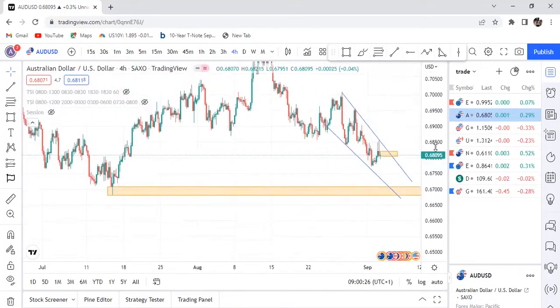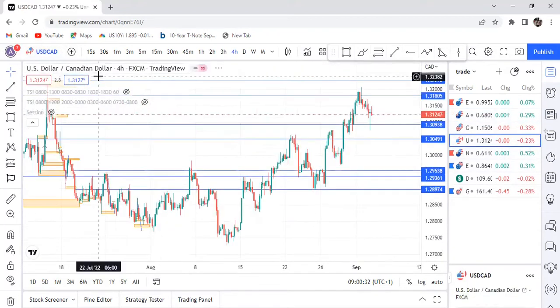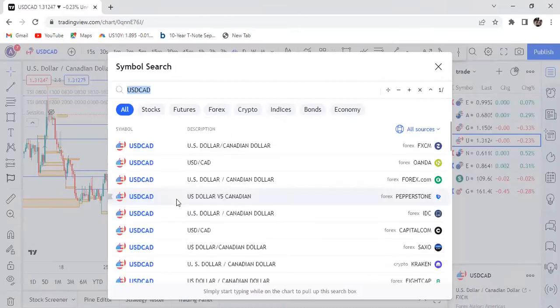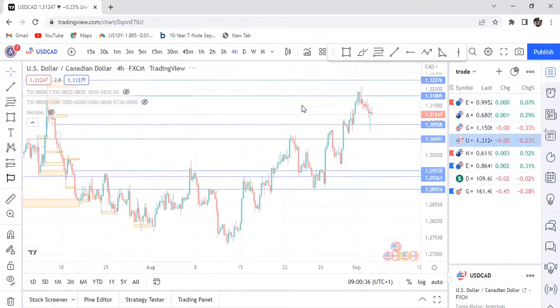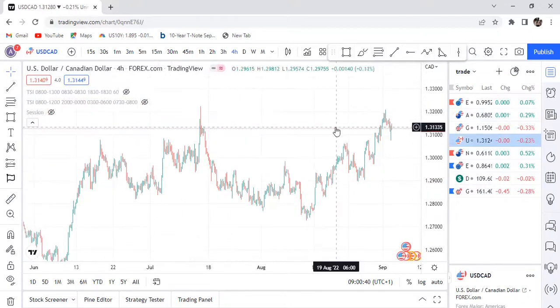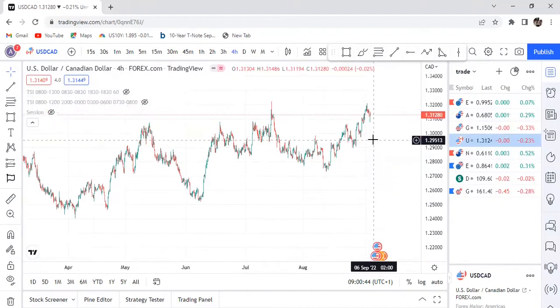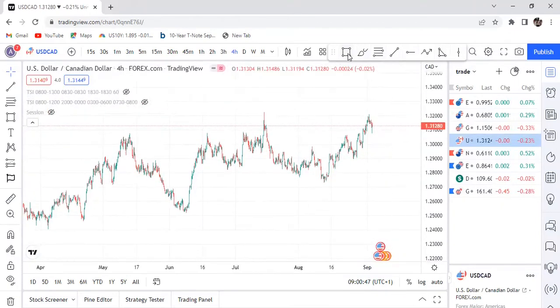Let's go to another pair and try to do the same thing. Let's look at USD/CAD. The market is clearly at an area of resistance.